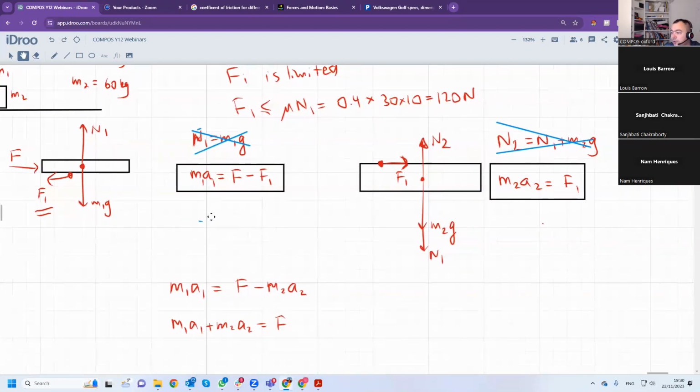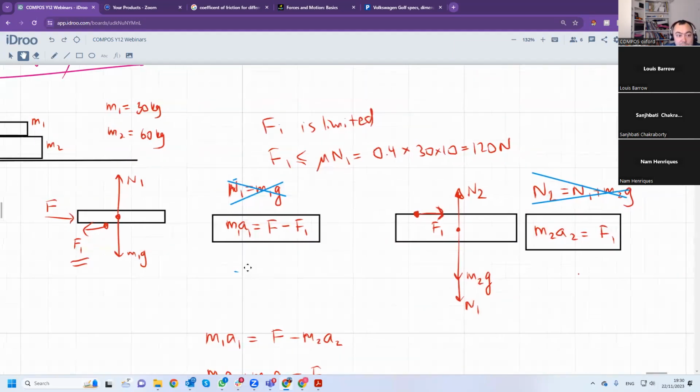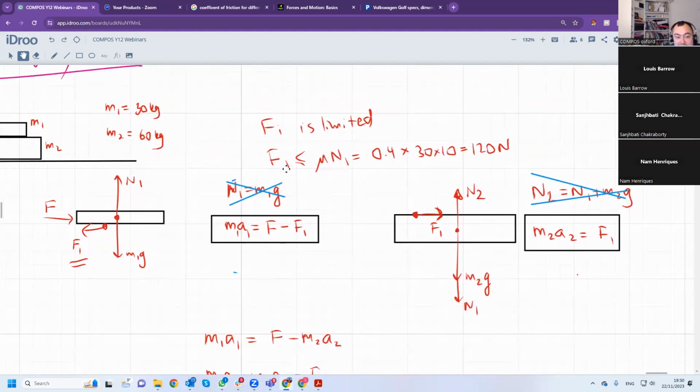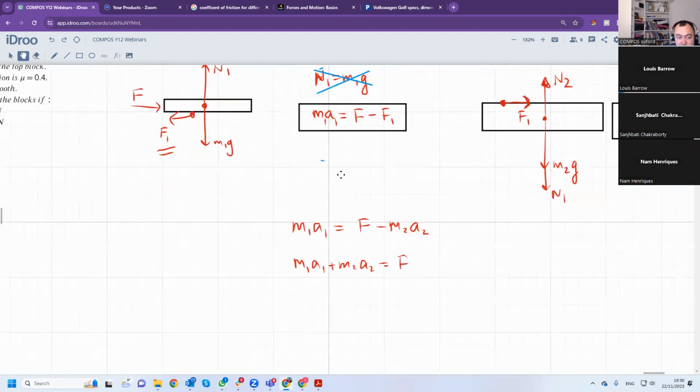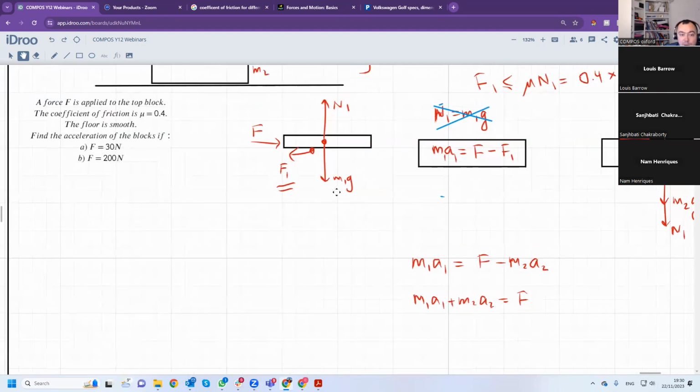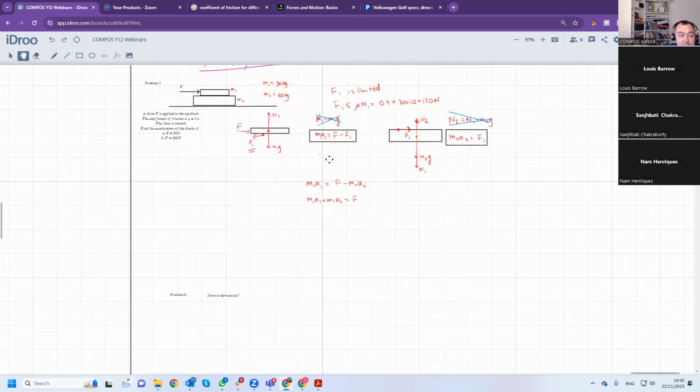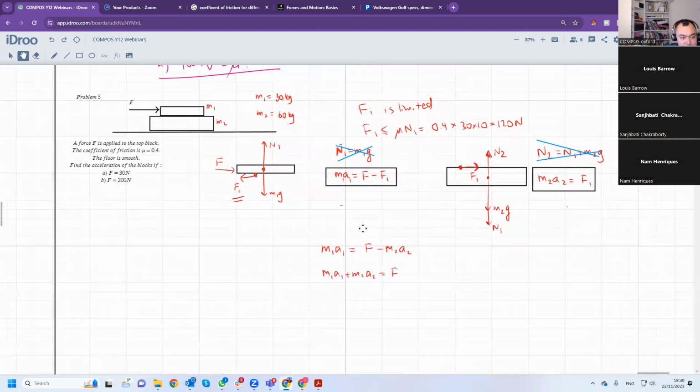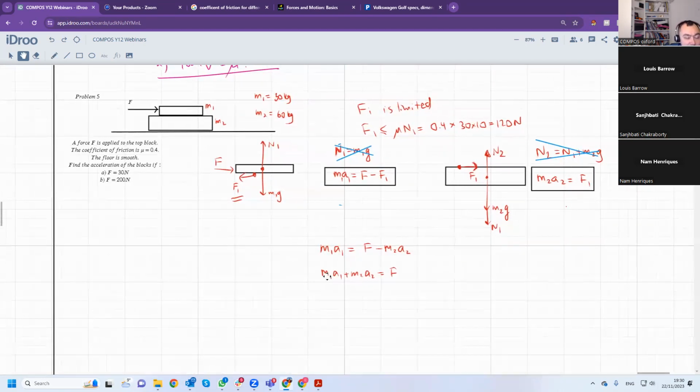We don't know F1, but we know that it cannot exceed 120 newtons. Here, there's not enough information. You have two unknowns, but only one equation.